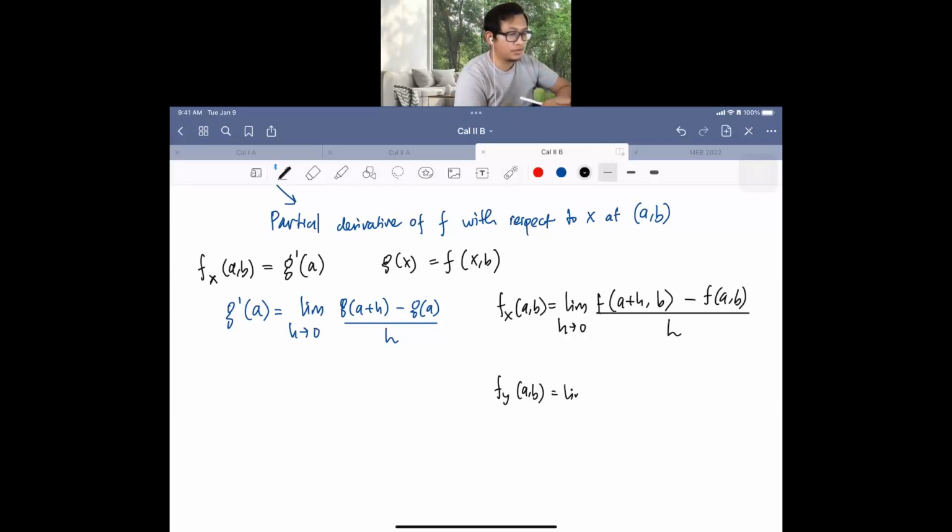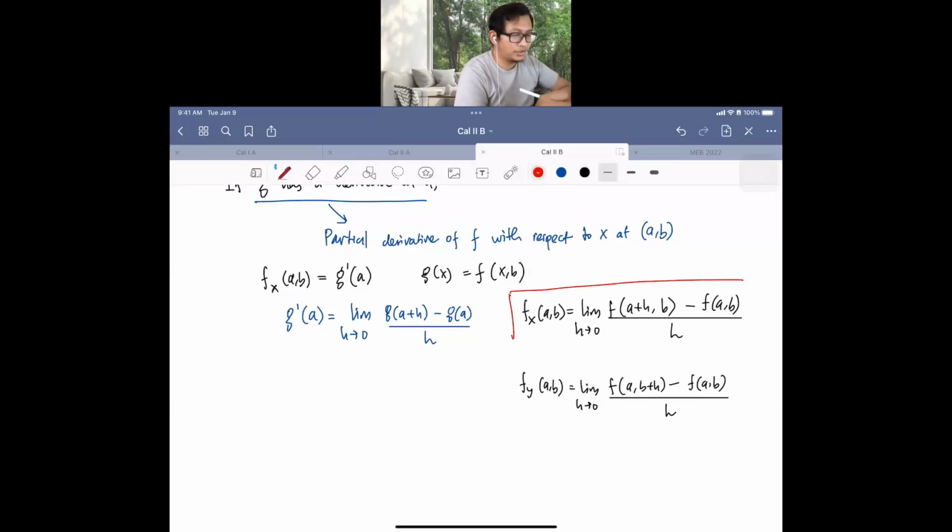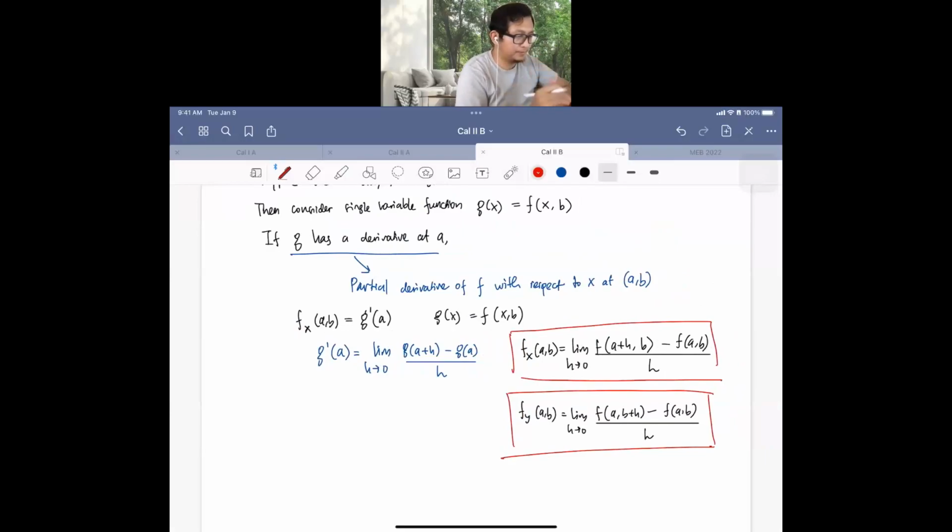So we will get the limit, and this will be the definition of the partial derivative with respect to x and y.